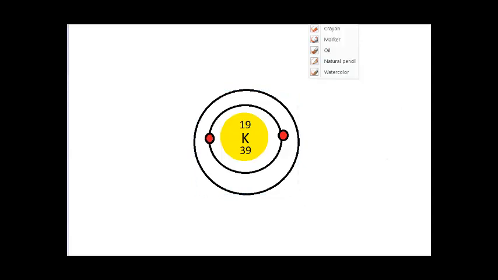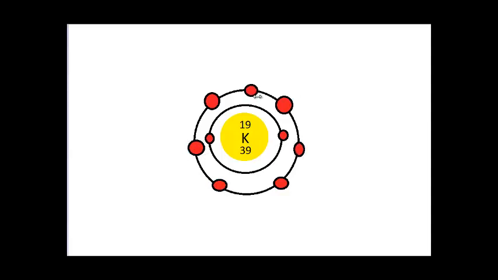Alright, now in the next orbit we can actually fit 8 different electrons. So I'm going to do one here, one here, here, here, 5, 6, 7, and 8.